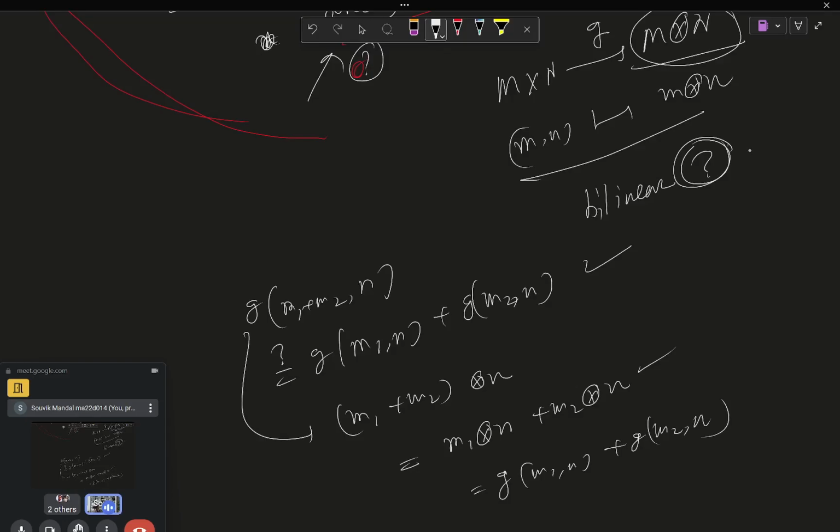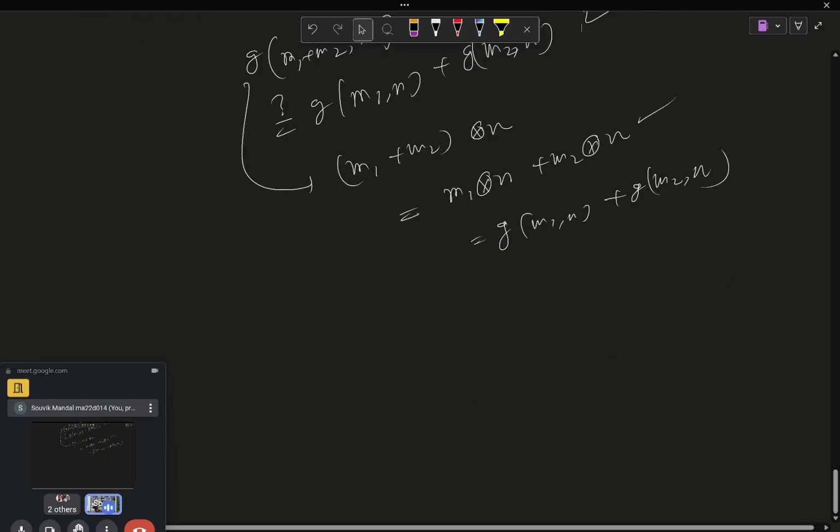This is the first relation we have checked. The second one is bilinearity in the second variable.